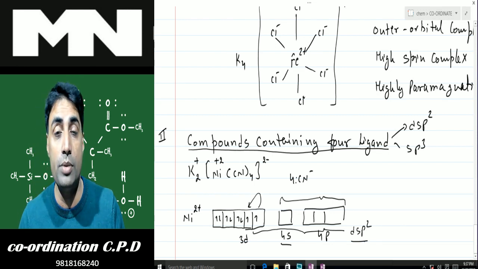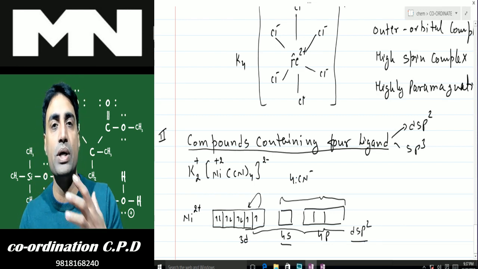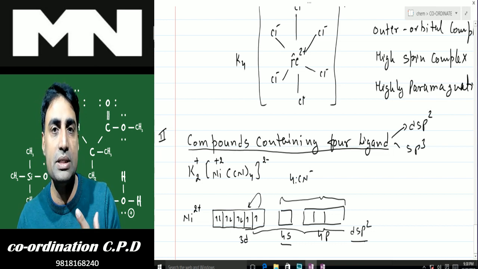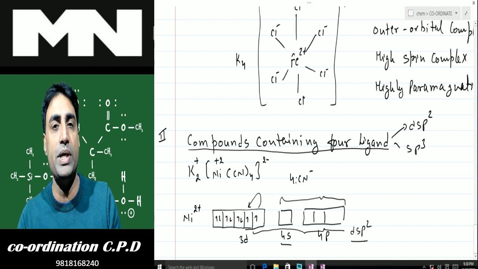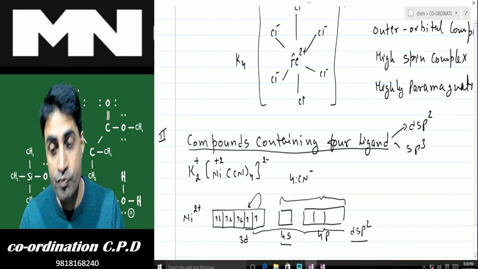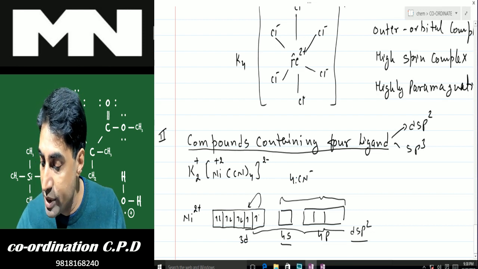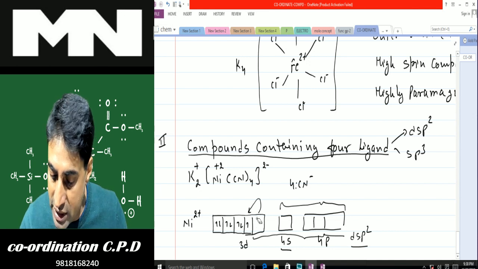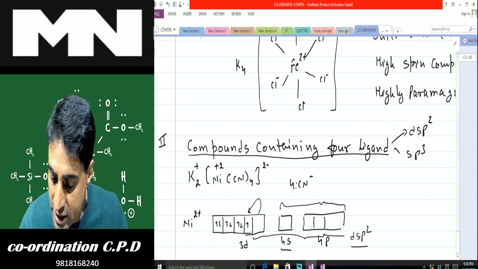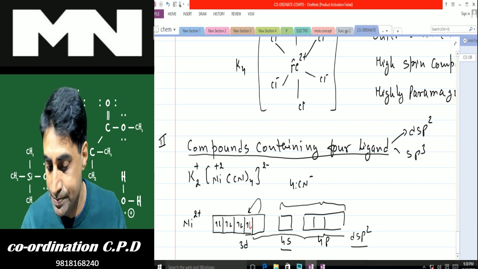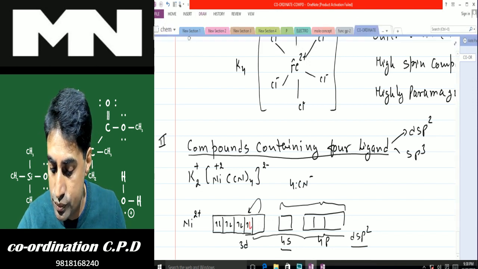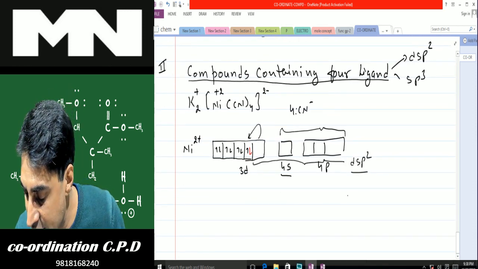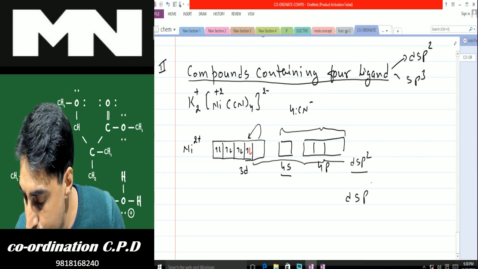If you provide orbitals of high energy, the complex will get a higher energy, it will become unstable. So here the pairing energy is lesser than the repulsion caused by the cyanide ion. So pairing will occur, and when pairing occurs, this orbital will become vacant. In that case, you'll have a situation like this, where the excited electron is here. So the hybridization is dsp2.